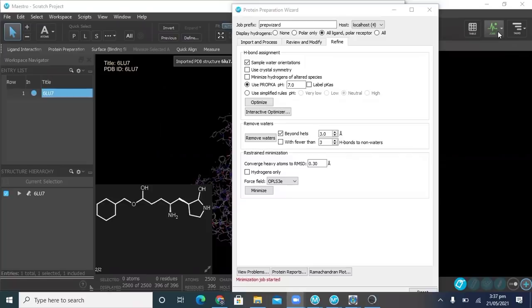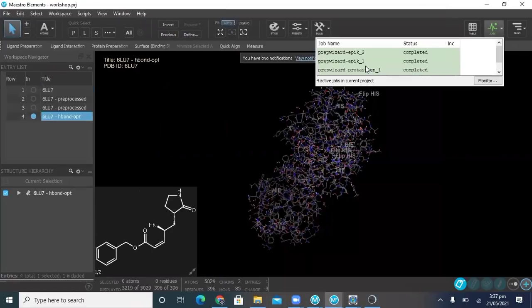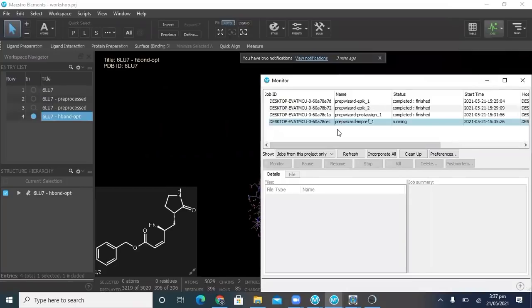From here, you can check your results. So these are the preparation and optimization, and you can monitor. Minimization is running. After the pre-process, the states were generated, that is completed, and optimization is also completed. Now minimization is running.